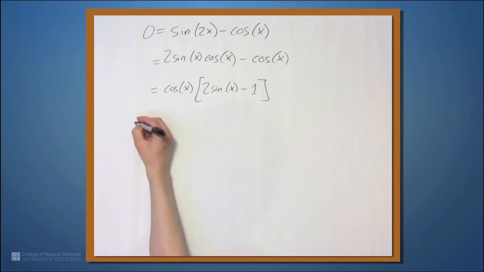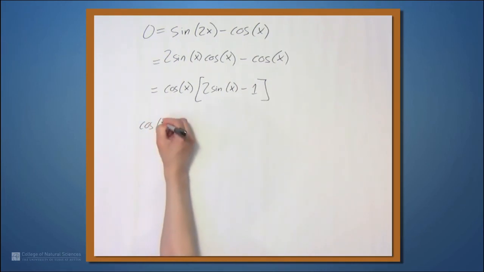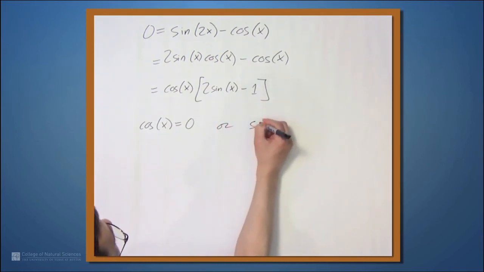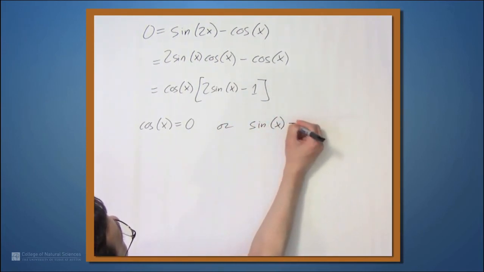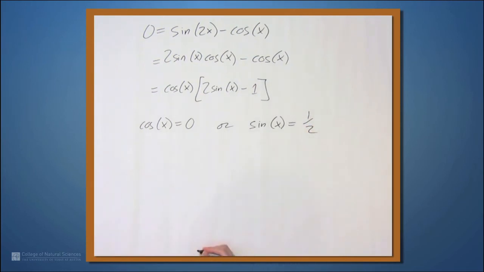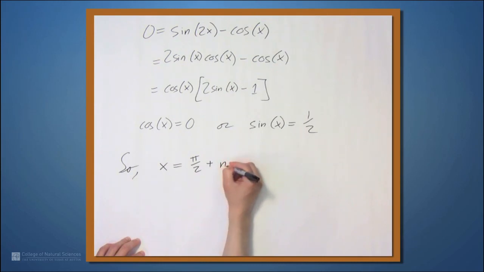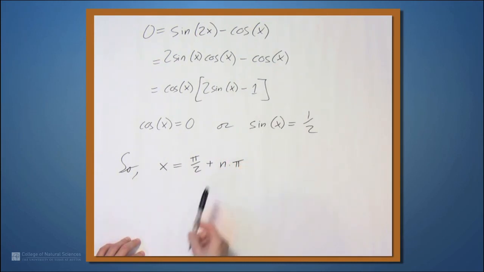So this means that cosine x equals 0, or sine x equals 1/2. So x, cosine, remember, gave us pi over 2 plus n times pi, where n is any integer. That comes from cosine.